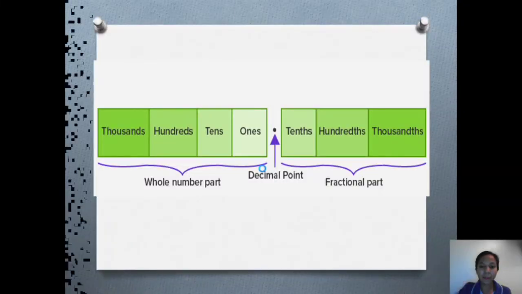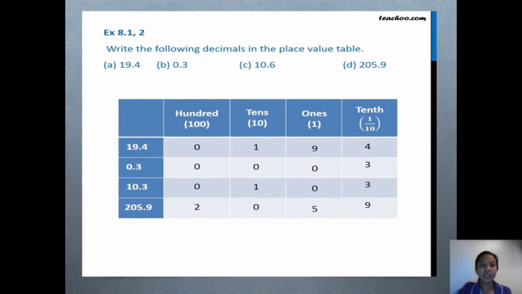And then, okay, I'm sorry for this. And then, ones. Our ones is 0. So there is no tens because there's no number before the decimal point. So it's just 0, 0, 0, or not at all. Okay? Tenths, which means fractional part here, after the decimal point.